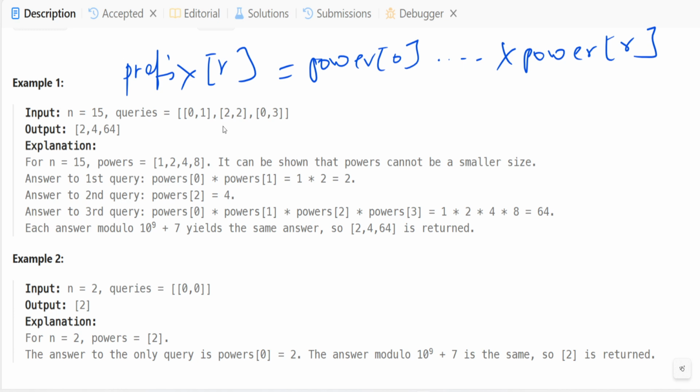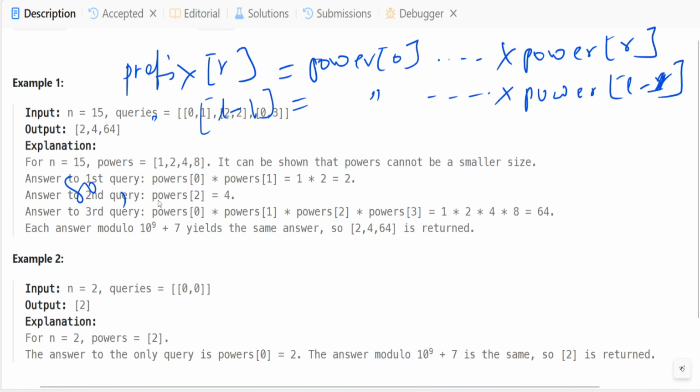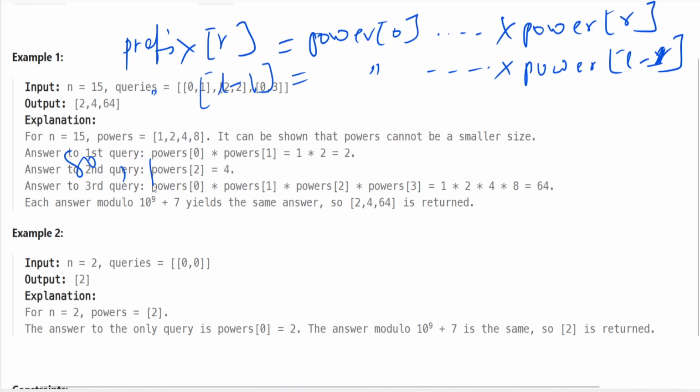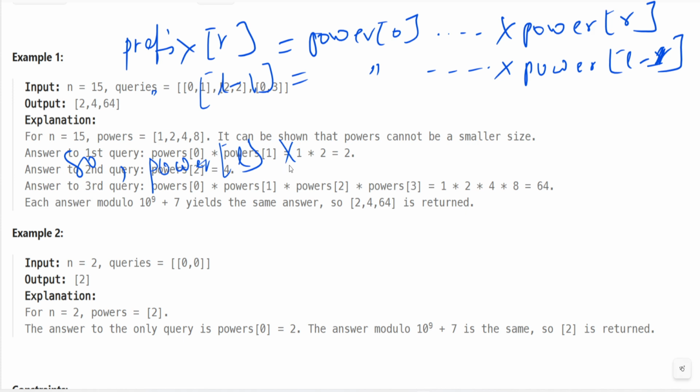Similarly, the prefix at L minus 1 does the same: power at 0, keep multiplying up to power at L minus 1. So power at L, we can multiply so many powers, then we'll multiply power at r. Can we say that?